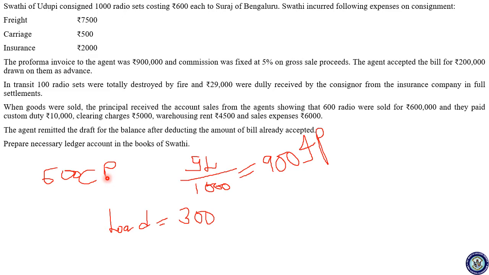Invoice price of each radio set is equals to 9 lakh divided by 1000 is equals to 900. So next line you write load price is equals to 900 minus 600 is equals to rupees 300.